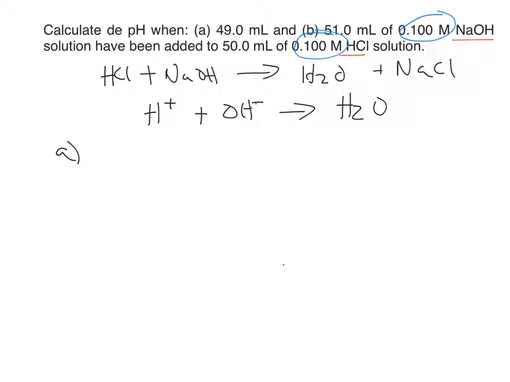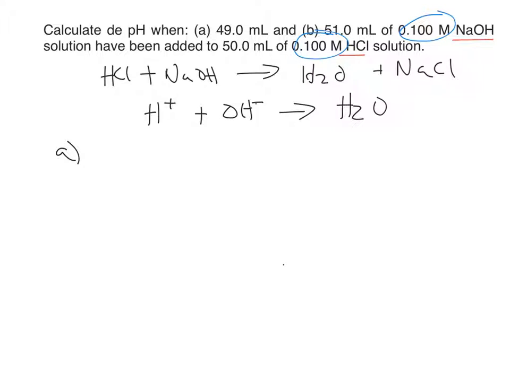So that means that if we have 50 mL of HCl and 49 mL of sodium hydroxide, those moles of the 49 mL have been neutralized by the moles of HCl, but we have an excess of HCl at that point.